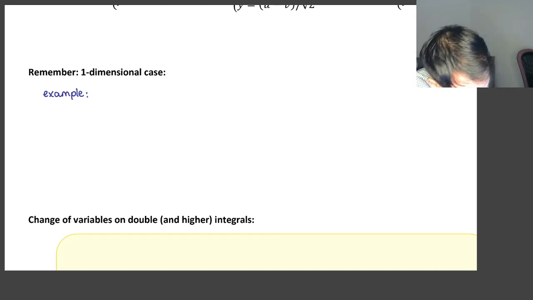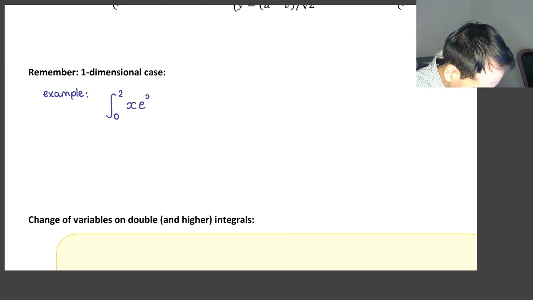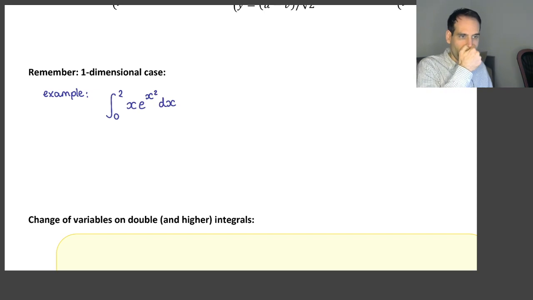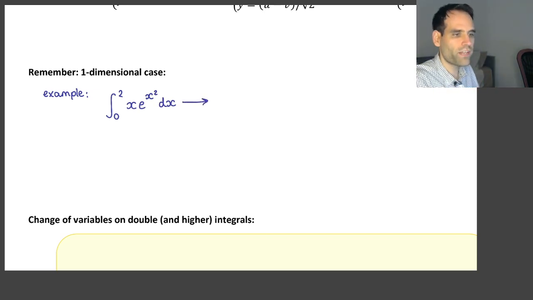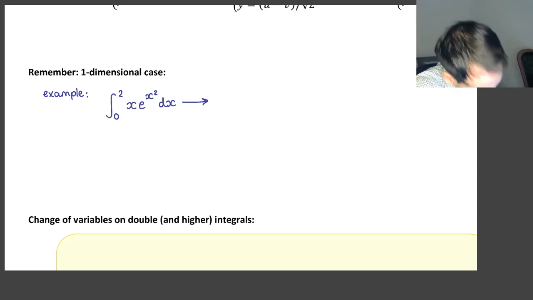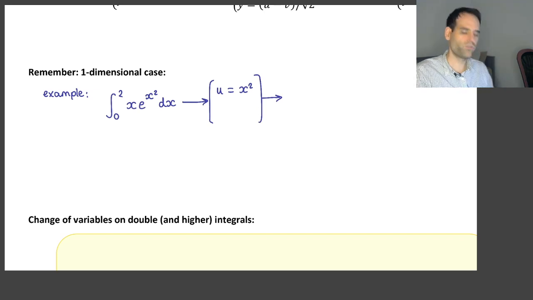So let's say you want to calculate the integral from 0 to 2 of x times e to the x squared with respect to x, okay? And now someone tells you this integral might be easier to solve if you do a change of variables. And the change of variables that you should do is this change, u equals x squared.